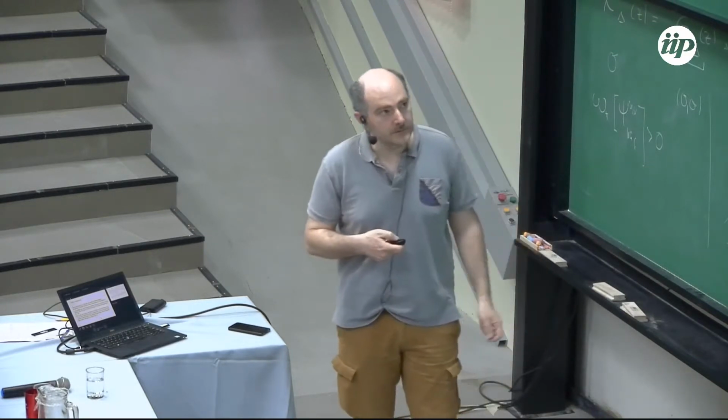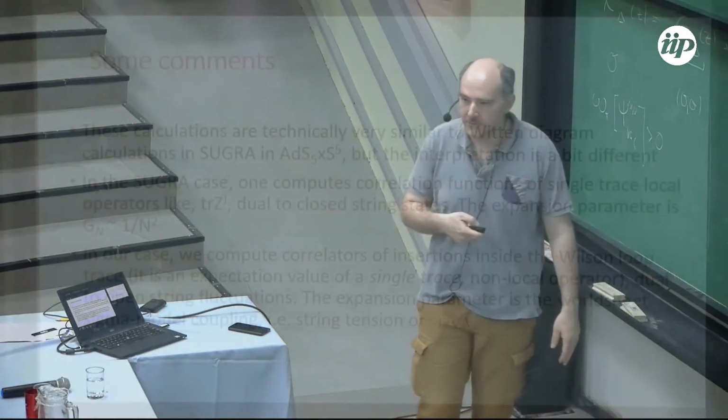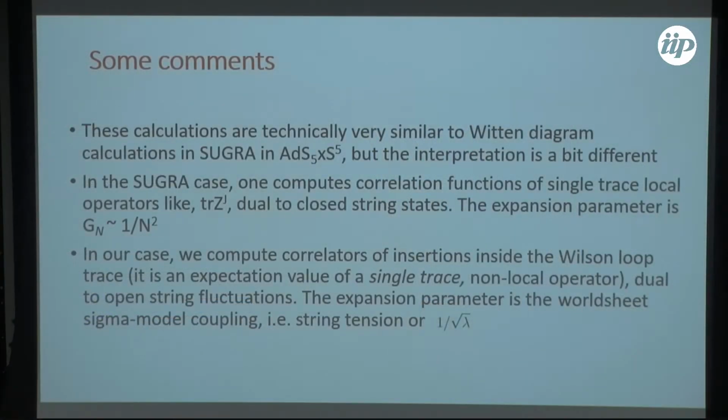Technically, this looks very similar to the usual Witten diagram calculations that people do in supergravity in AdS5 cross S5, but the interpretation is quite different. In the supergravity case, one is computing correlation functions of single trace operators, which are dual to some protected closed string states, which are described by supergravity. Here it's different. What we are computing are correlations of insertions of operators inside the Wilson line.